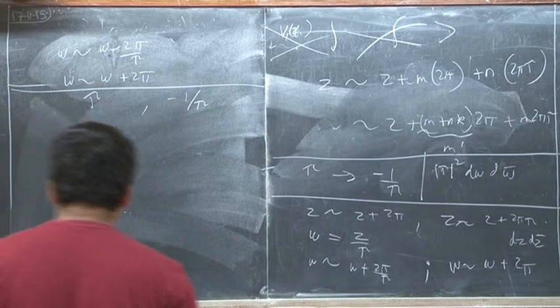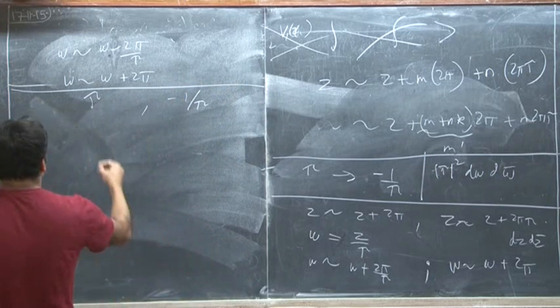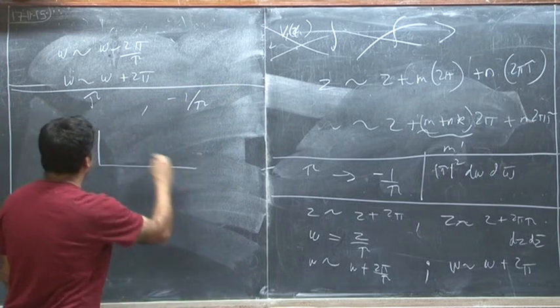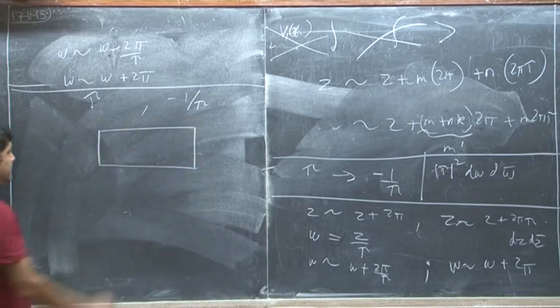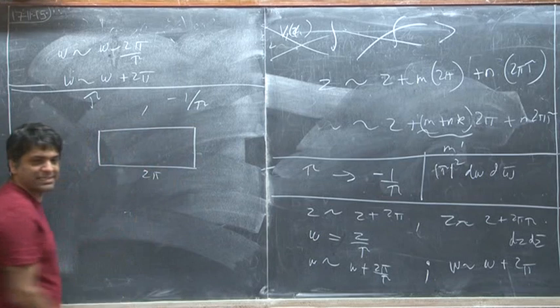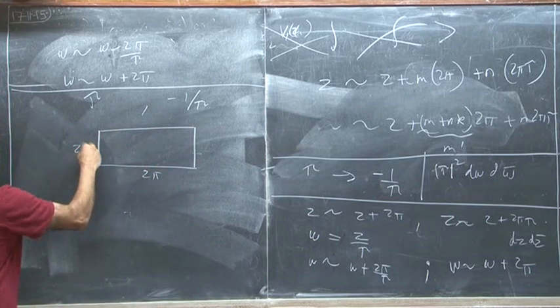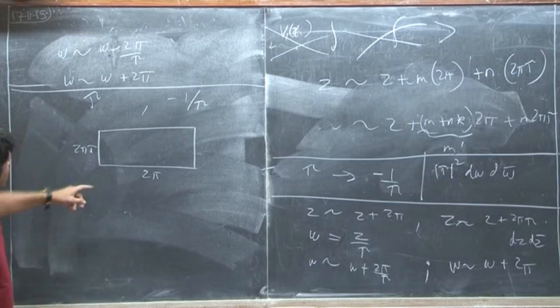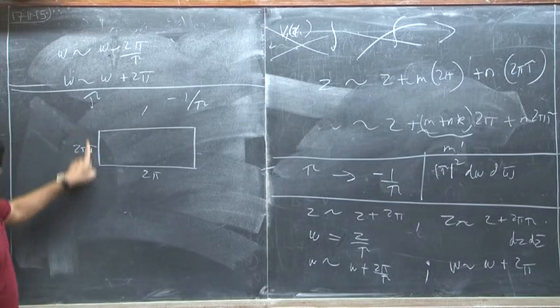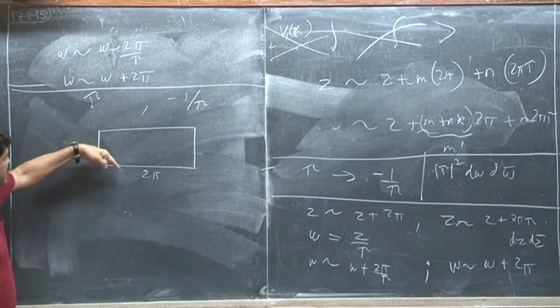This has all been very fancy, but let me work this out now for the special case of a rectangular torus, where it becomes very clear. This is a rectangular torus, where this side has length 2 pi and this side has length 2 pi tau. What we do is now just flip axes. We had this as the x-axis and this as the y-axis.